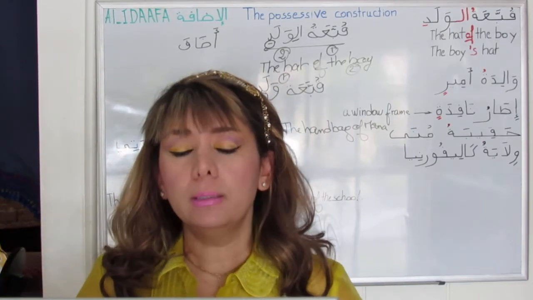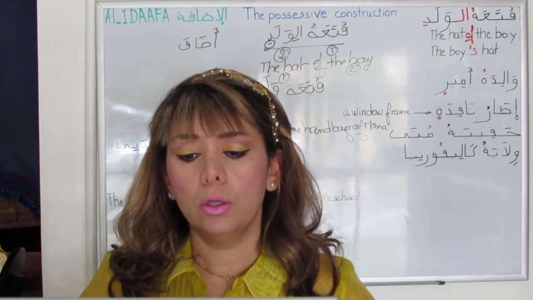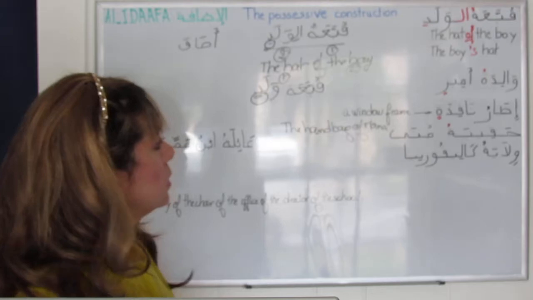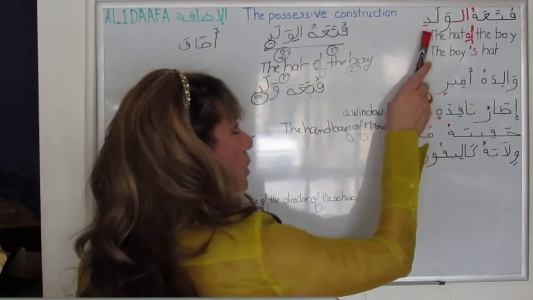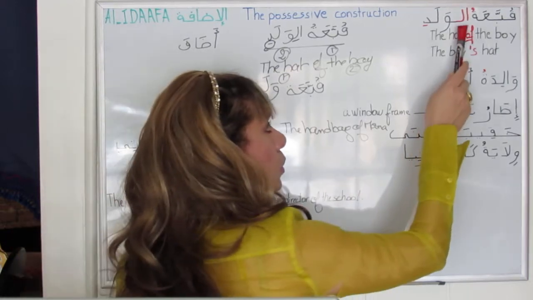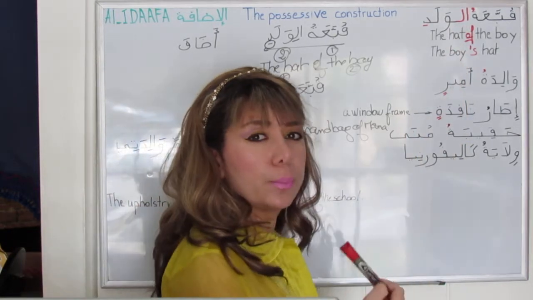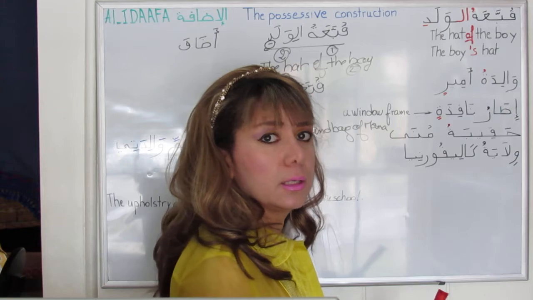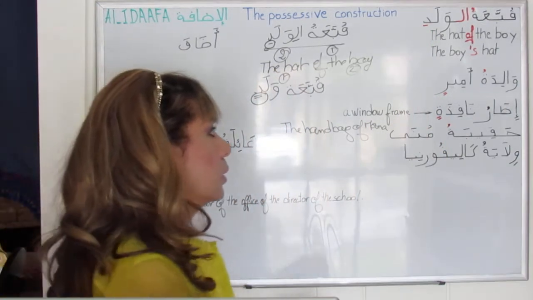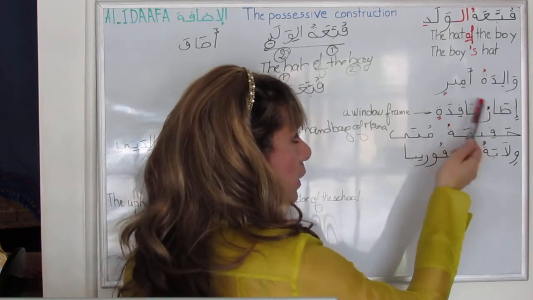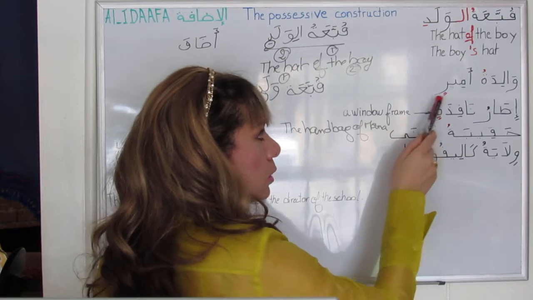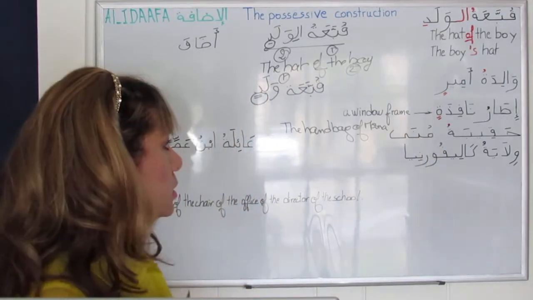And the dependent noun must be in the genitive case. As you noticed, we have here kasra when we have a definite idafa. So when the second term carries the definite article al, we use just one kasra. When it doesn't carry the definite article, we use double kasras.